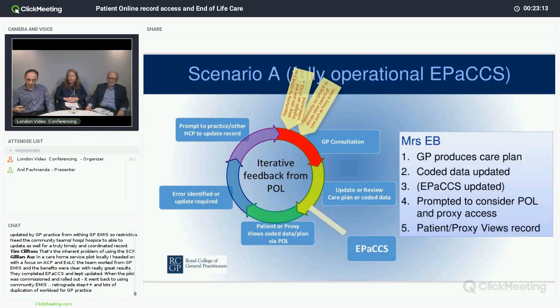So in our case, it's Mrs. EB. The immediate assumption is that actually this is an end-of-life care setting, or an area where a care plan may be useful. So the GP might produce a care plan, and that's typically done to a set of coded templates, like we suggested earlier.